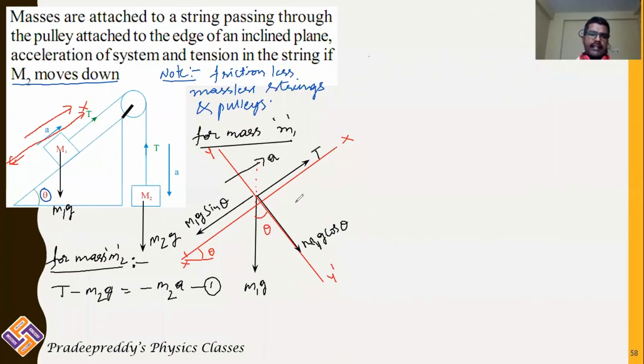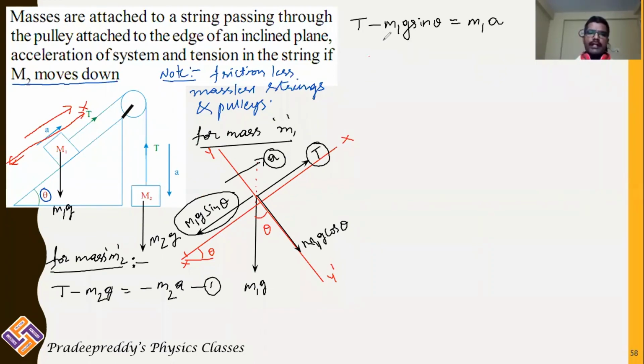So in whichever direction the body is moving, only that direction we will take as the reference. For mass m1, we can write upward force, take it as positive. So upward force is tension T, minus downward force m1g sin theta, is equal to mass m1 times acceleration, which is upward, therefore positive: a.